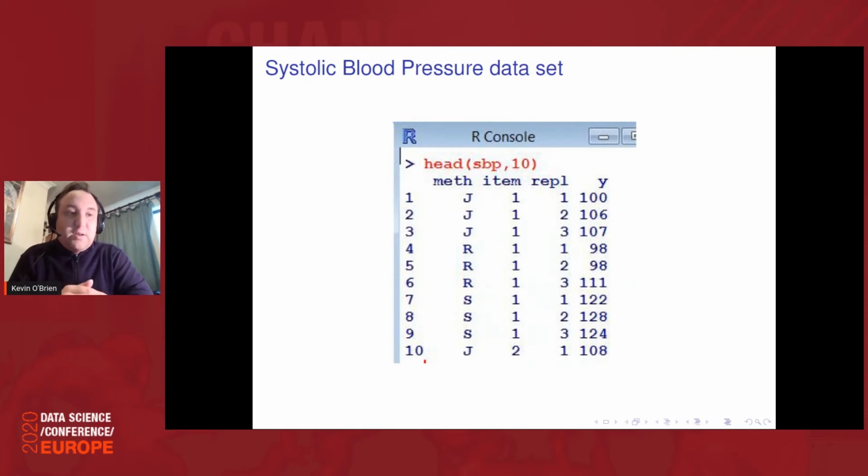Those measurements are supposed to be very similar to the measurements made by J. So that's the point of that. And likewise, S. Now you can see that S is much higher, and that's obviously a problem. S is 122, 128, and 124.